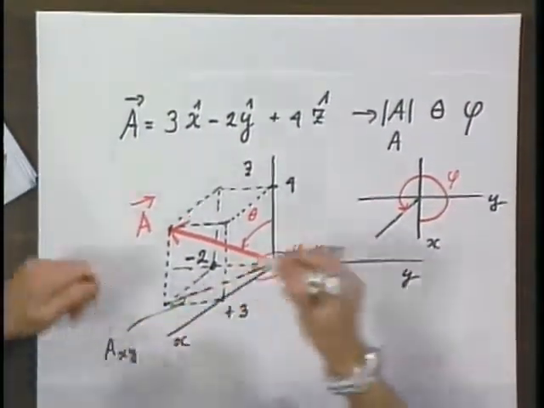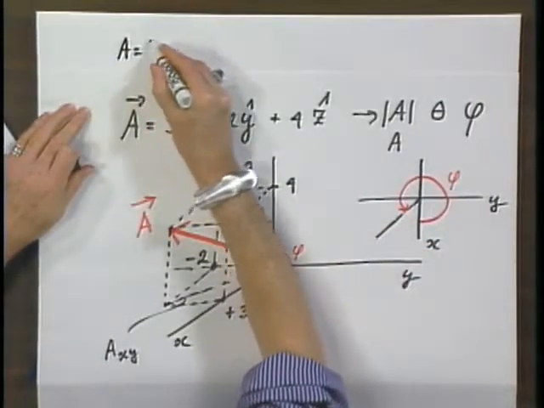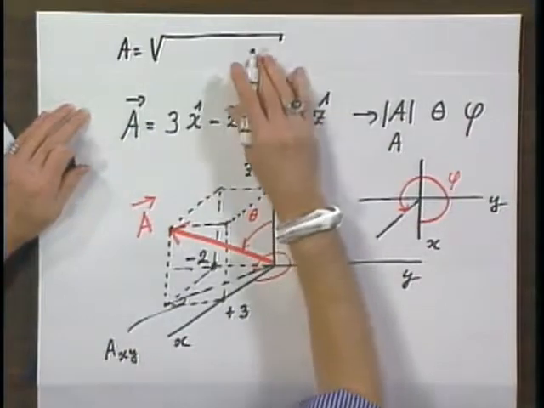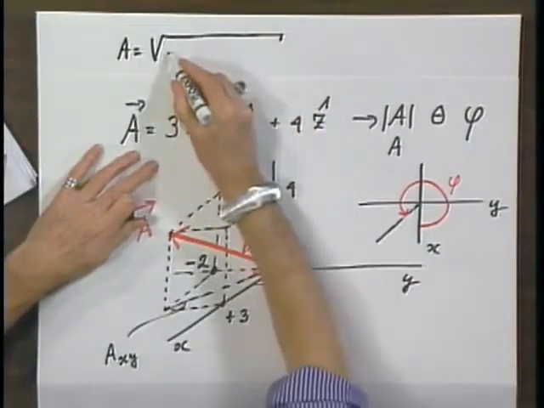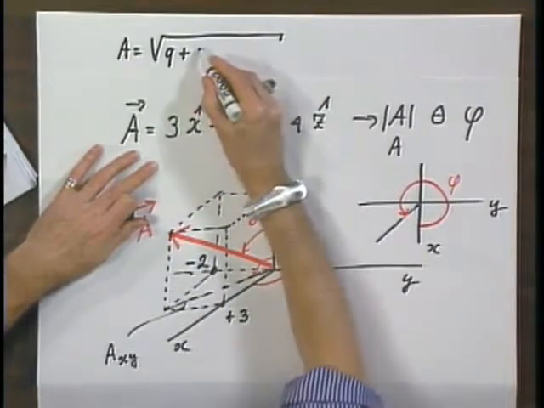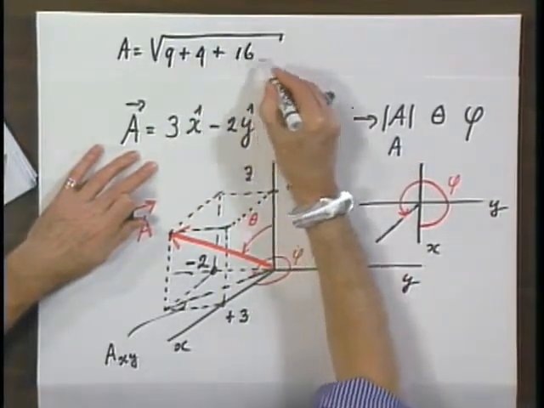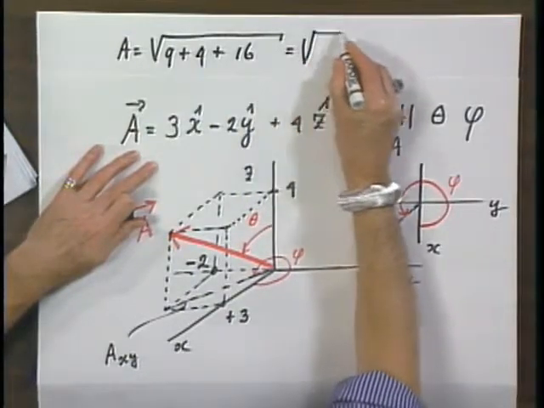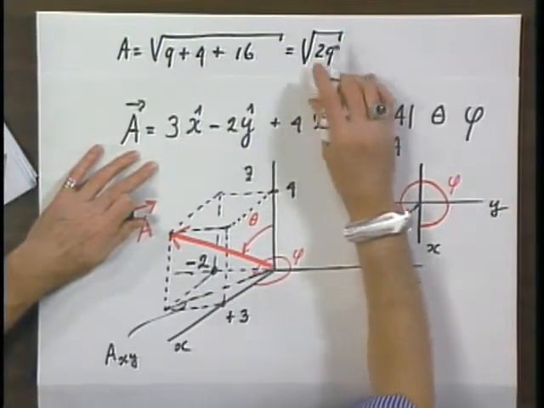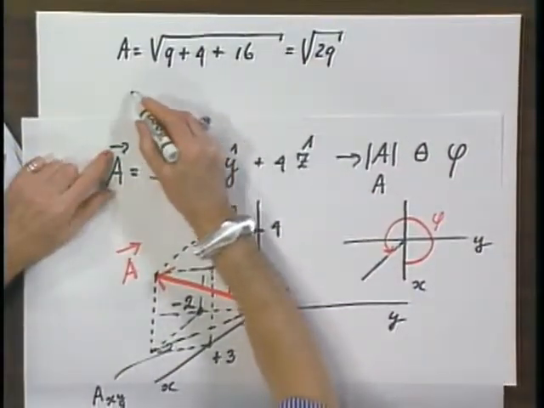Well, the magnitude is the easiest. The magnitude of A is the square root of 3 squared, which is 9, plus -2 squared, which is 4, plus 16. So that is the square root of 29. What is theta?